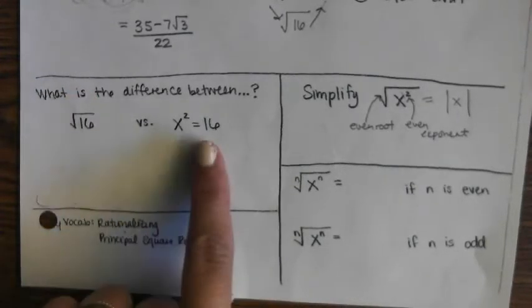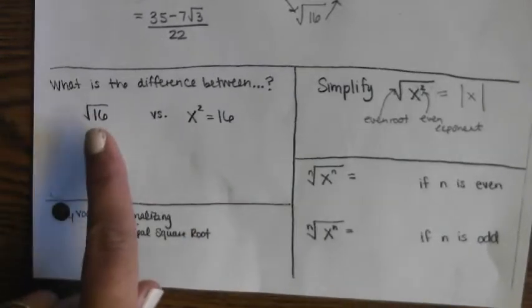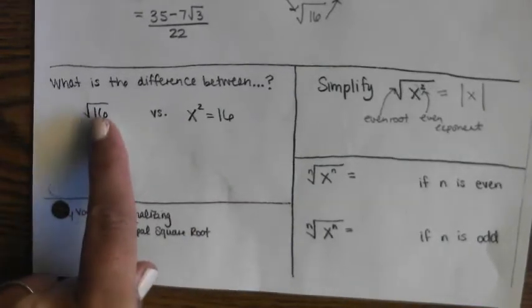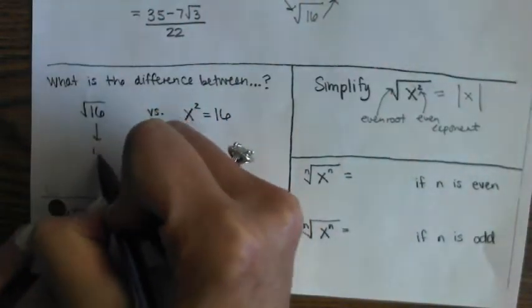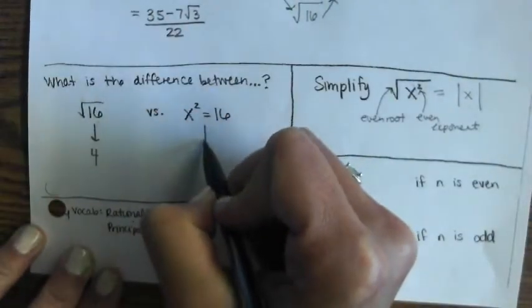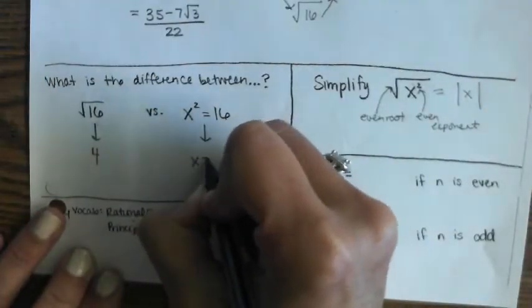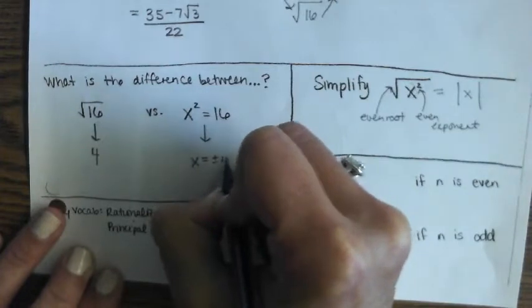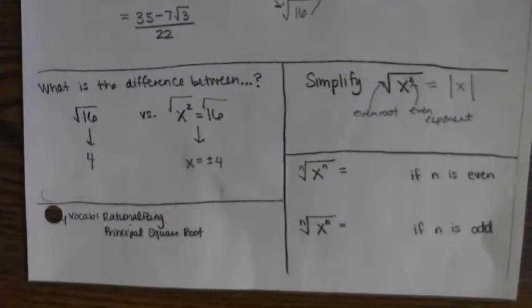What is the difference between these two? If someone said to simplify this, what's your answer? 4. If someone said to solve this, what's your answer? Good, okay. When you are taking the square root of both sides in an effort to solve, you always have to remember the plus or minus.